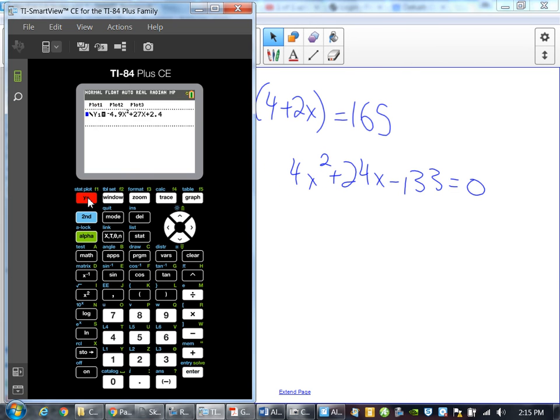Let's see. 4x squared plus 24x minus 133. Oh, I gotta change my window again.